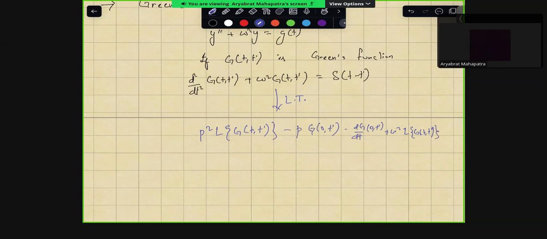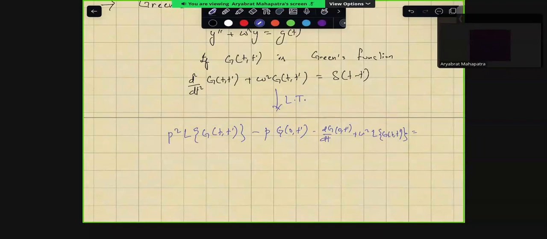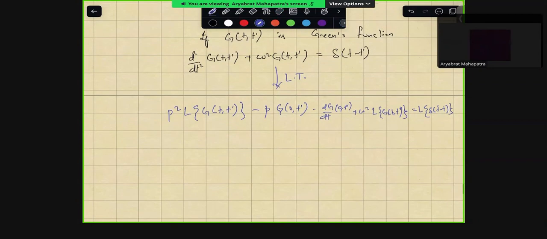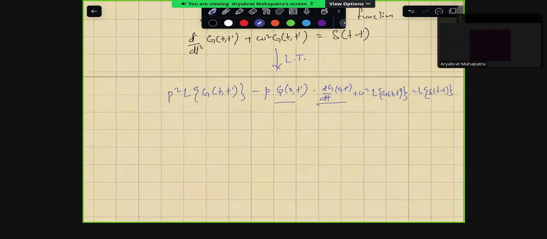First you have to use the initial conditions, and after applying them you solve for the Laplace transform of your Green function.